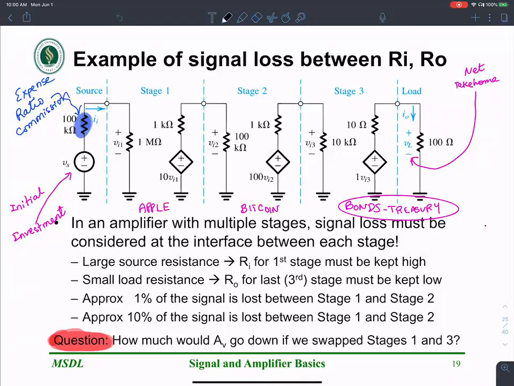We did this problem of a three-stage amplifier, three stages. And each stage has its own input resistance and output resistance. We did this problem to see how there is signal loss between our input resistance and our output resistance.